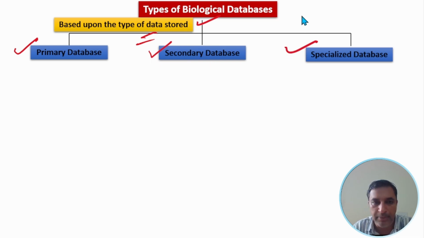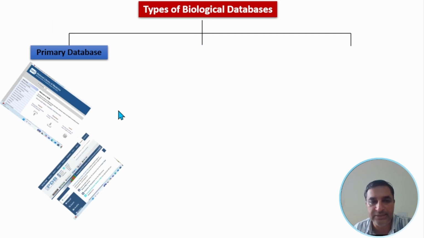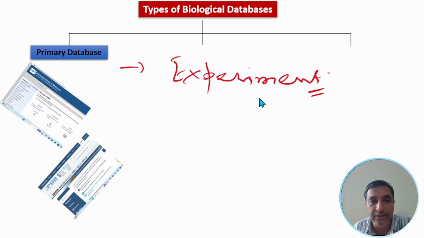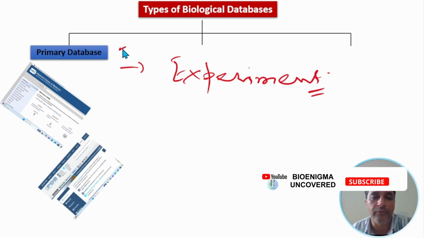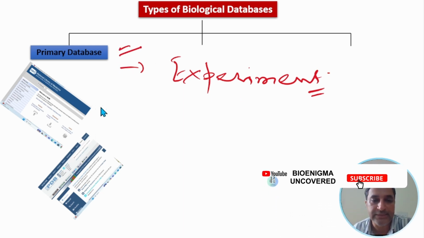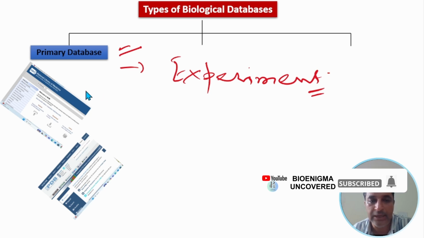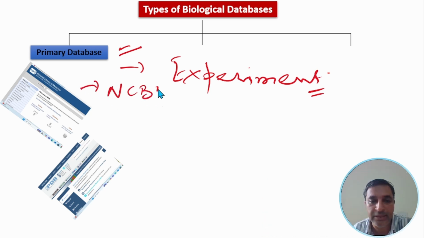Let's talk about primary databases. Primary databases contain information which is extracted from your experiment. The very fundamental information you acquire from an experiment forms part of a primary database. An example of a primary database is NCBI or the Protein Data Bank.